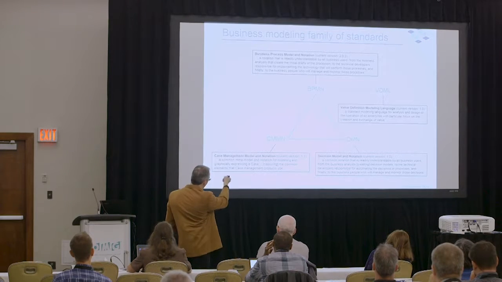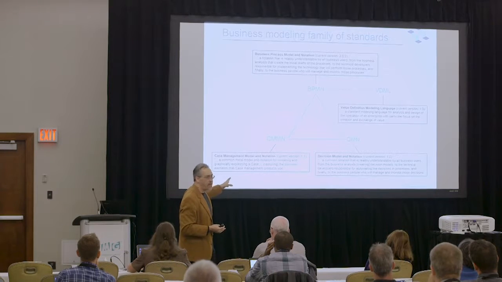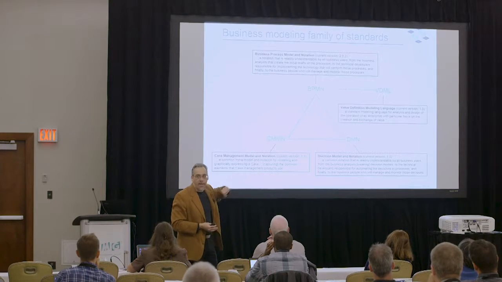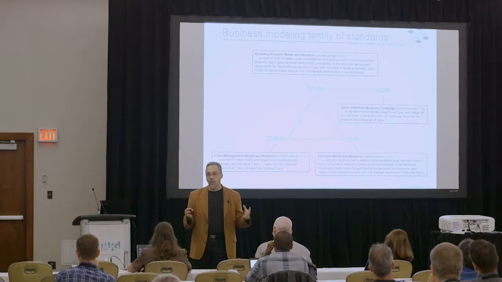So the VDML provides you with that high-level view of how you want to generate value, and it is then complementary to designing your processes or managing your cases or making your decisions in order to get that value. That is part of an overall business architecture modeling approach. There is work going on for more extensive modeling capabilities for business architecture, and Bill Ulrich will talk about that later, I think later today.